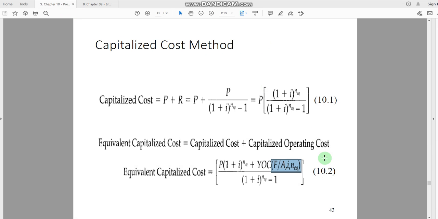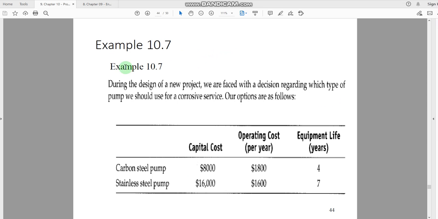The denominator is 1 plus i with the power n eq minus 1, where n eq is the operating life and i is the interest rate.